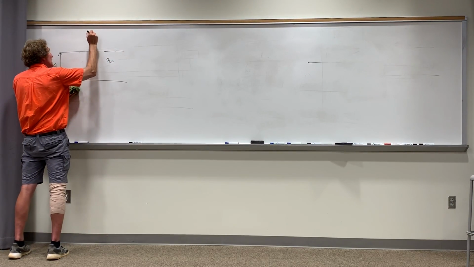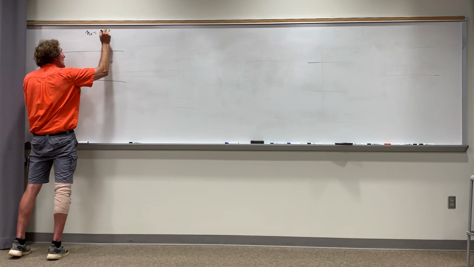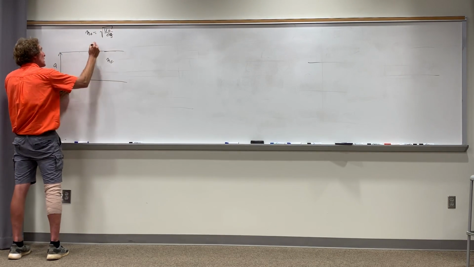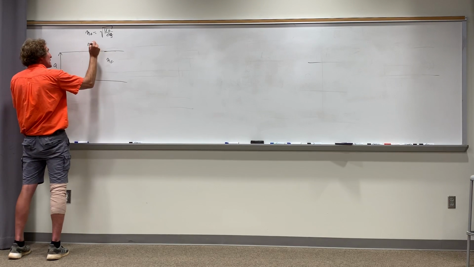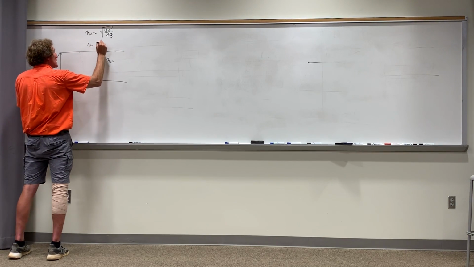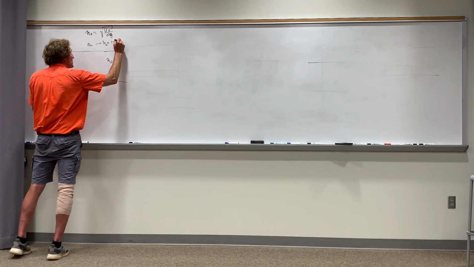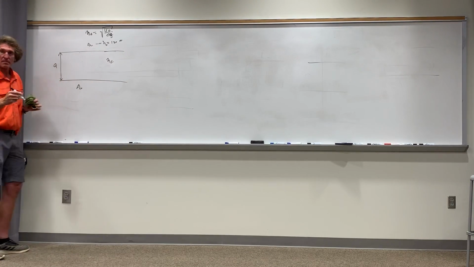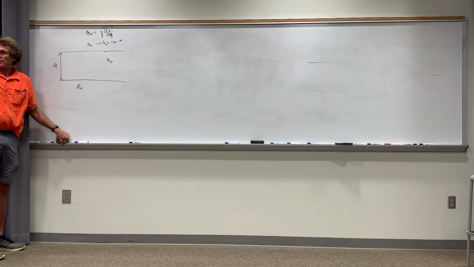Eta guide equals the square root of mu in the guide over epsilon in the guide. Now out here we're going to assume we have air, and air, of course, has eta equal to 120 pi.